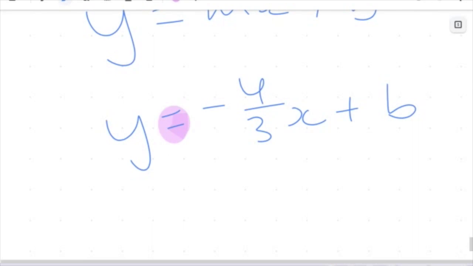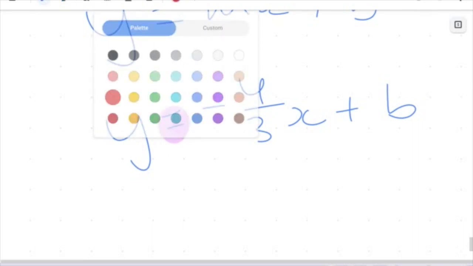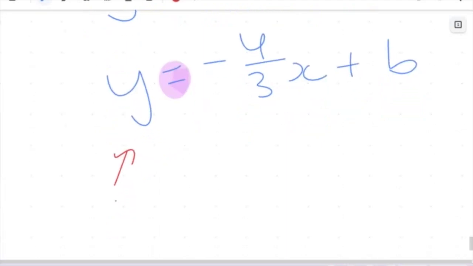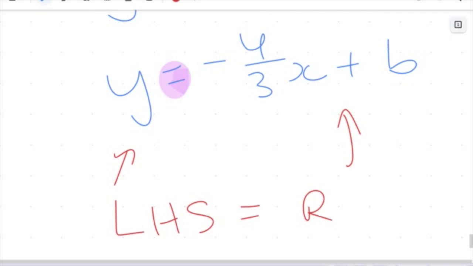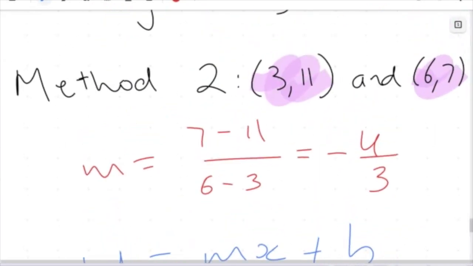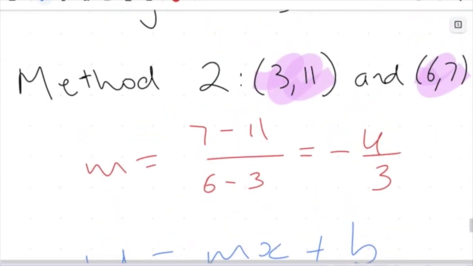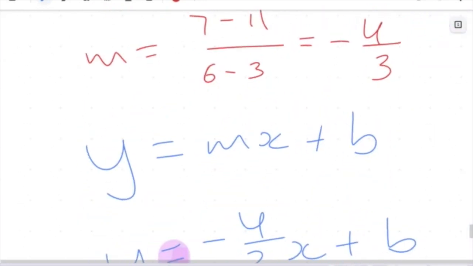They make the equation true. Or in other words, when we substitute them in, the left-hand side is going to equal the right-hand side. So I can substitute in the x and y values of either 3, 11 or 6, 7, and it's going to give me the same b and therefore the same equation. Why? Because both those points lie on the line.